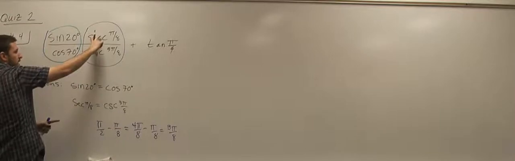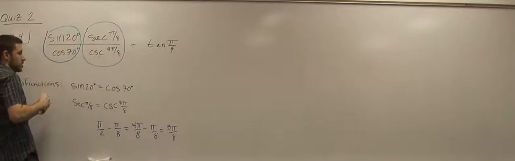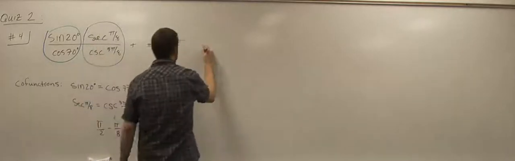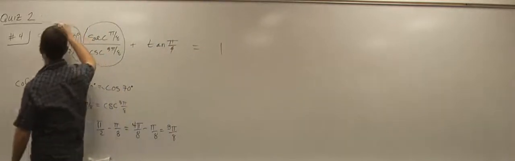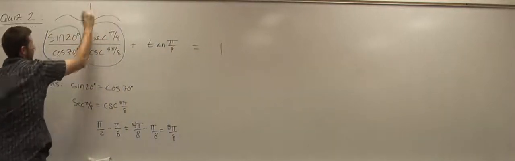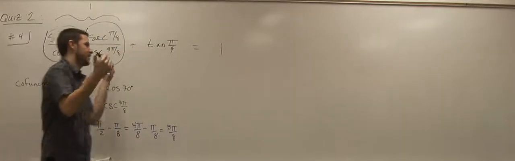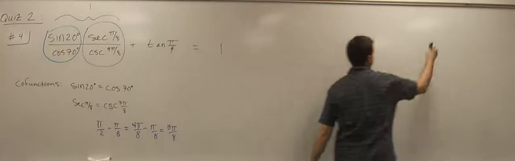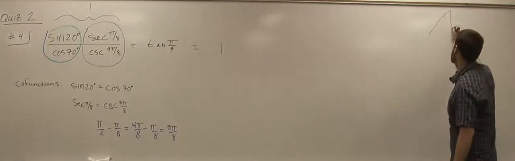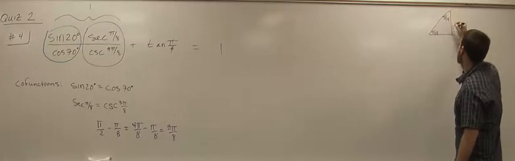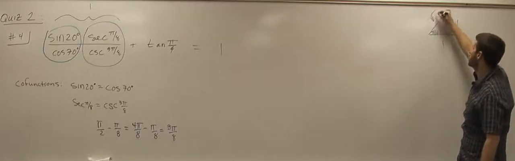So these are equal here, and these are equal. So the top of this fraction and the bottom of this fraction are equal, which means that the whole fraction equals 1. This part right here is 1. And then tangent of pi over 4 is 1. For that one, you might actually need one of your special triangles. Pi over 4 is 45 degrees, so you know it's 1, 1, root 2.